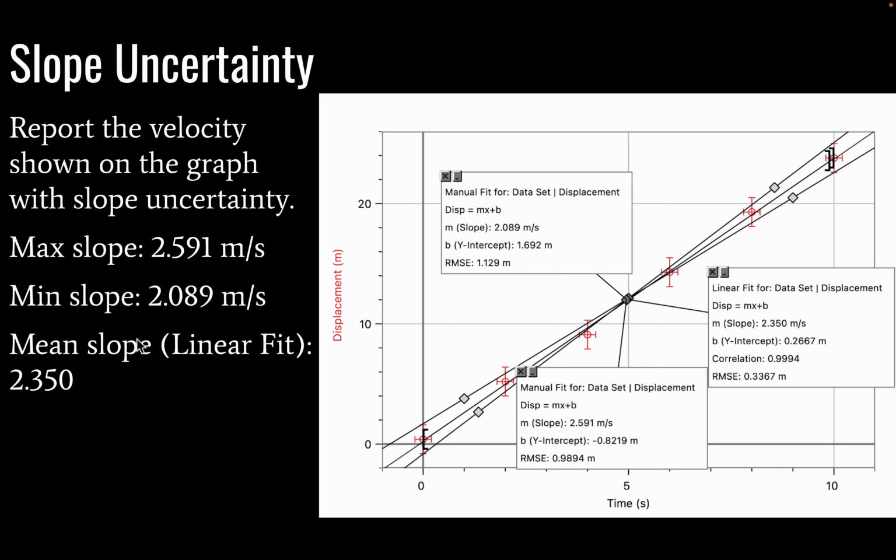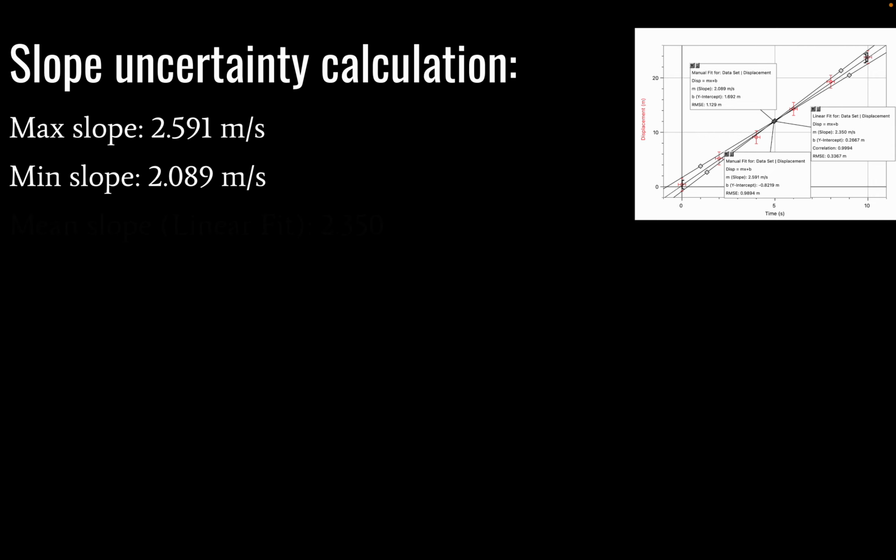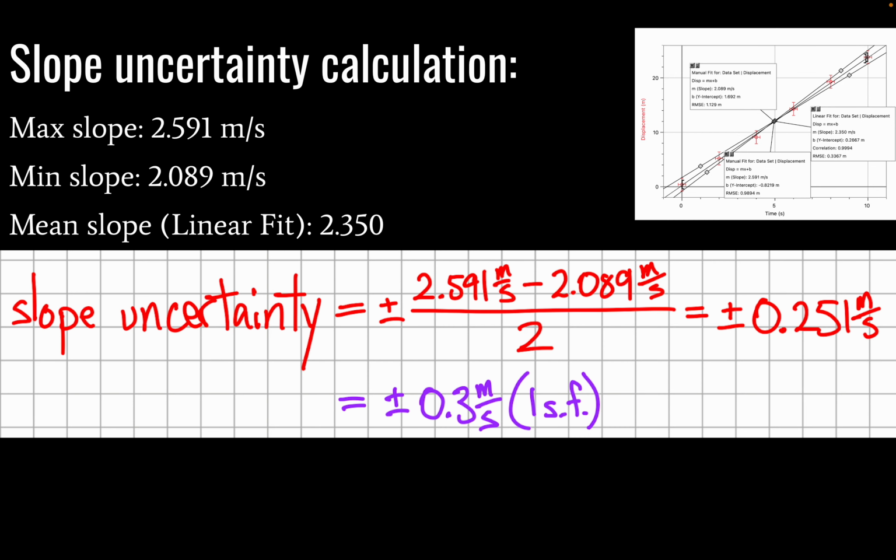So this is just the average slope as calculated by Logger Pro. This should have a unit. Apologies. To calculate our slope uncertainty, we're going to take those values, and again, this should have a unit, very annoying, and we are going to plug them into the formula that I showed you earlier.